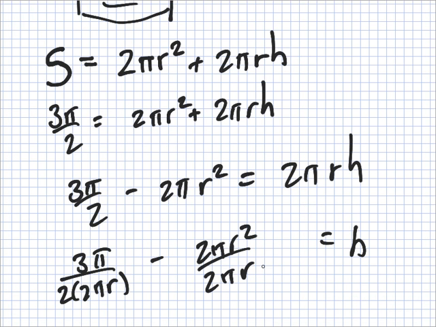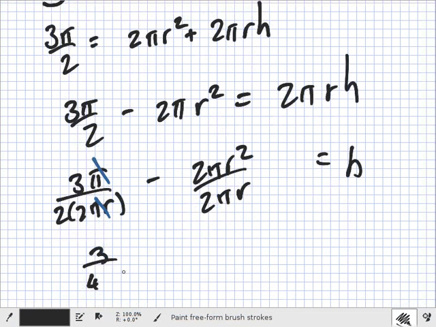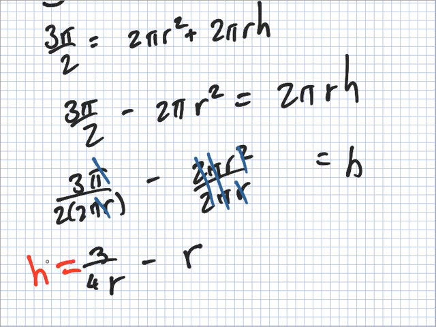That's good because I can cancel. What can I cancel here in the first one? Pi with pi. So I'm left with 3 over 4r. And what can I cancel here? Quite a lot. 2's and pi's and an r and an r. So I'm left with r. That's what the h is. H equals that. Okay, that's part 1 done.